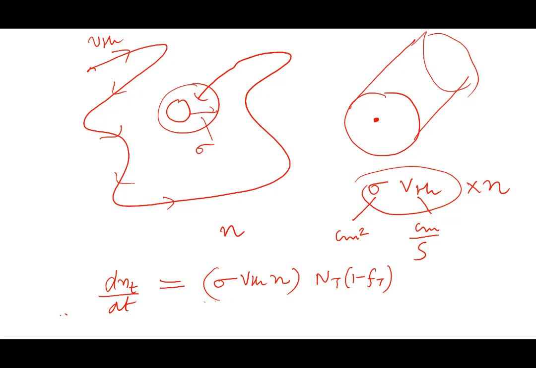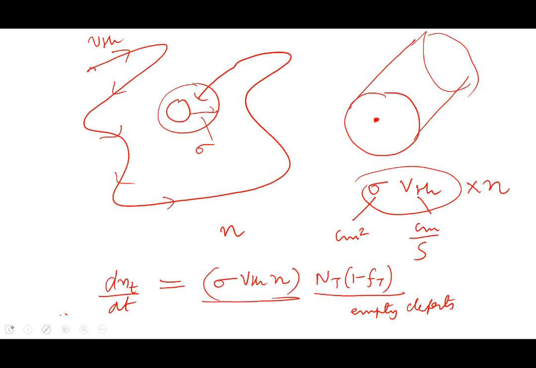This is the capture rate: sigma Vth n and nt 1 minus ft. nt 1 minus ft is the number of empty traps, the number of empty defects.